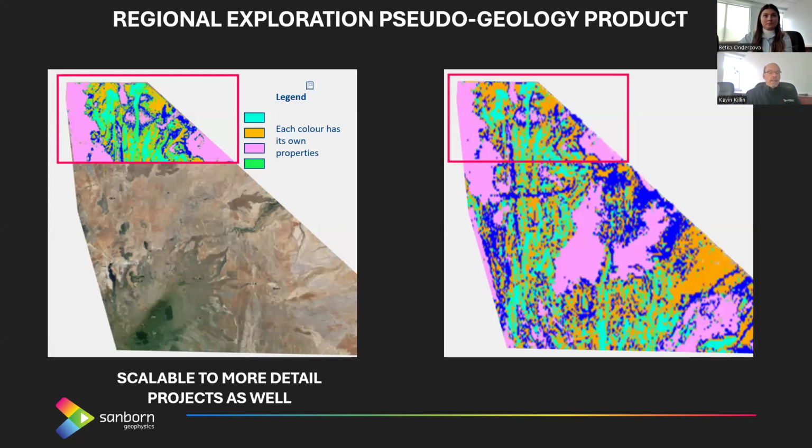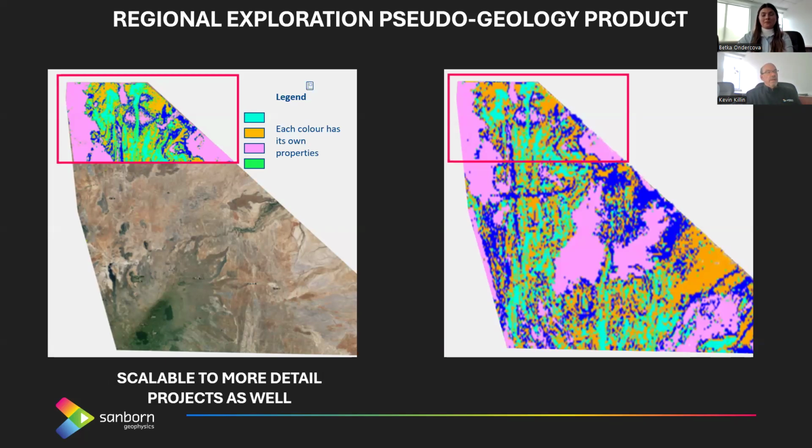Each color had its own properties, and we came up with a color scheme that in the left-hand image shows the pseudogeology of the northern area.